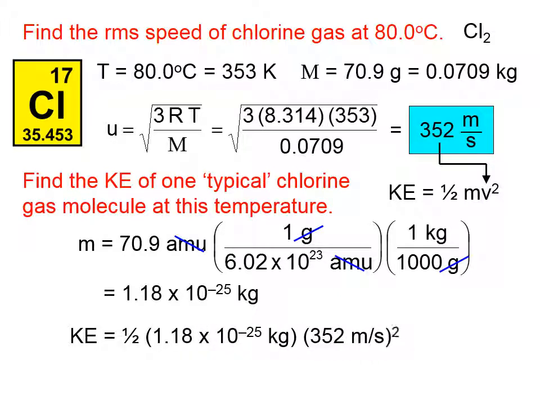And now we're ready to put those numbers into our calculator. 1/2 mass in kilograms, speed in meters per second, squared. We're only squaring the speed now, not the other stuff. And that gives us a fairly tiny number because after all we're only talking one molecule of chlorine, and the unit for energy is joules.